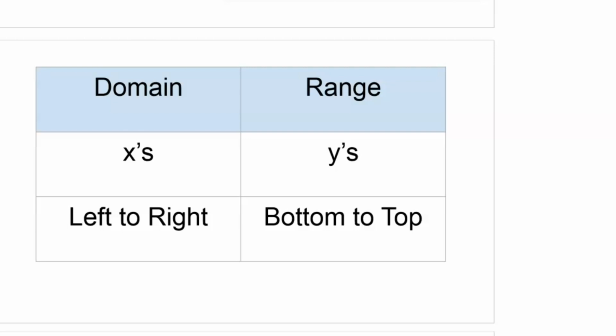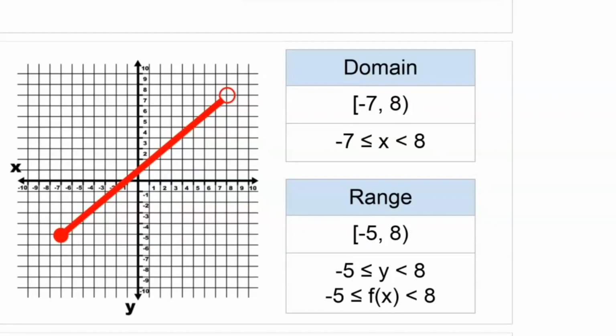Now let's look at a few examples. So here is a graph. If we're looking at the domain, we are going from left to right, and we are looking at the x values. So on the very left, this graph stops at -7, and it has a closed circle, so it is equal to -7. And then on the right, it goes to 8, and it has an open circle, so it does not equal 8.